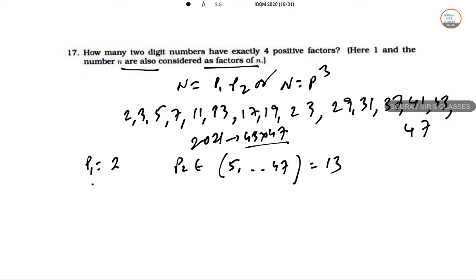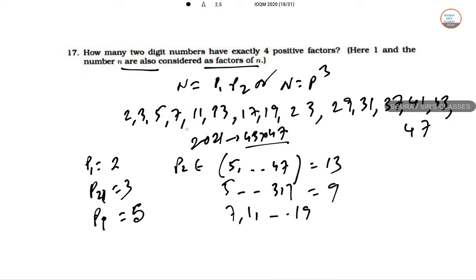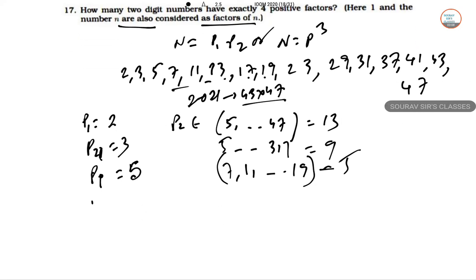So in that way 30 numbers. If P1 equals 3, in that way 5 to 31, so 9. If P1 equals 5, then this belongs to 7, 11 up to 19, so 5. If P1 equals 7, then 7 and 13, so 2.